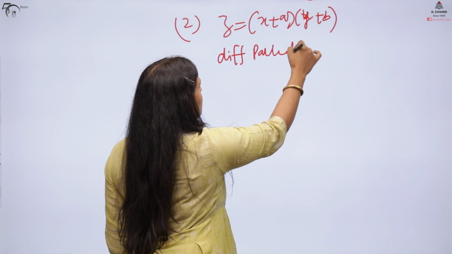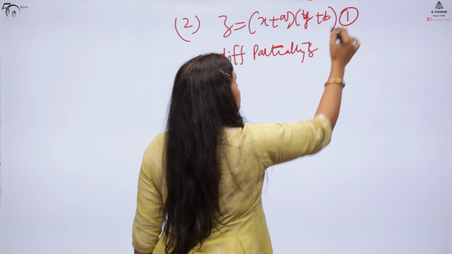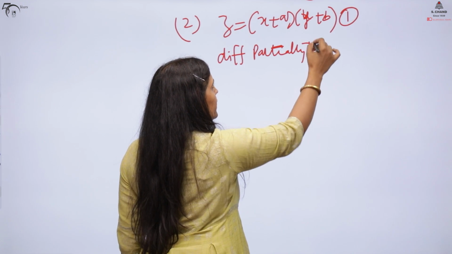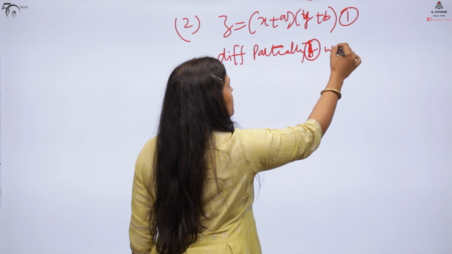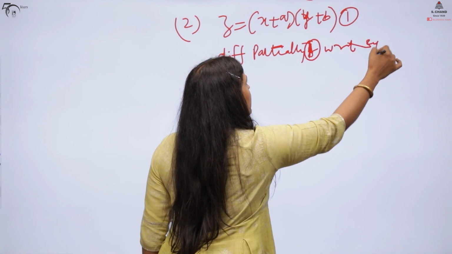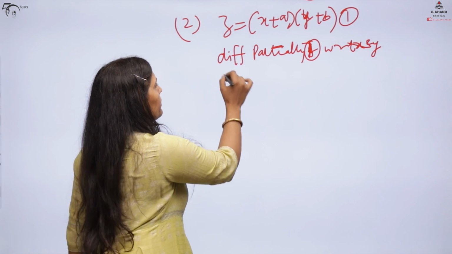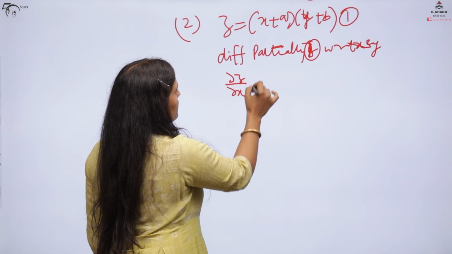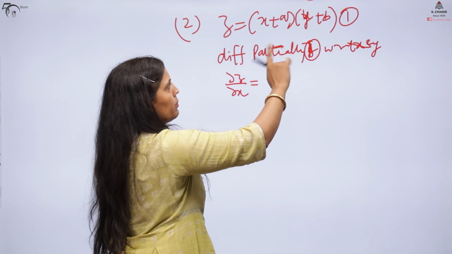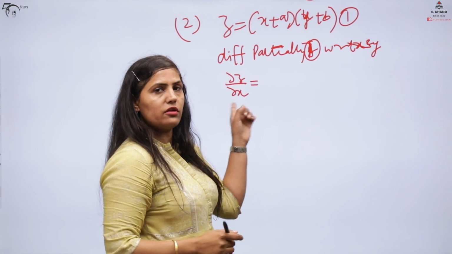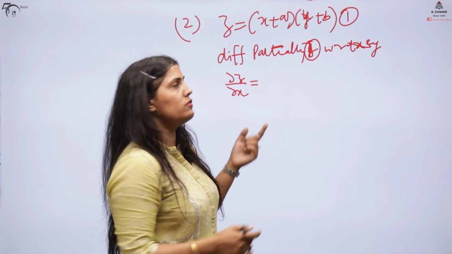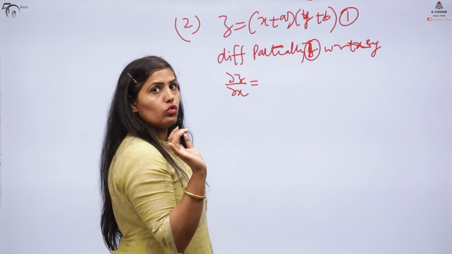You will be differentiating the equation 1 partially with respect to x and y. What do we get? This side will be del z by del x, and this is y, because with respect to x you are differentiating, so y is a constant, and there is no multiplication rule you need to apply.